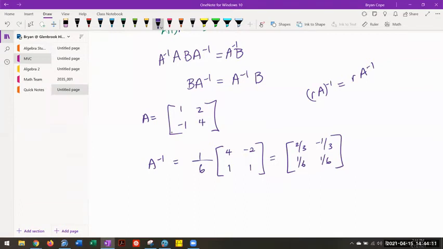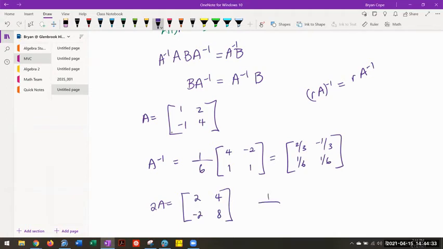Is R a scalar? Okay. R is a scalar, right? Yeah, and R does not equal 0. Okay, so let's multiply this guy by a non-zero scalar. Let's take the scalar 2. So what is 2A? Well, it's 2, 4, -2, 8. And let's find the inverse of that.